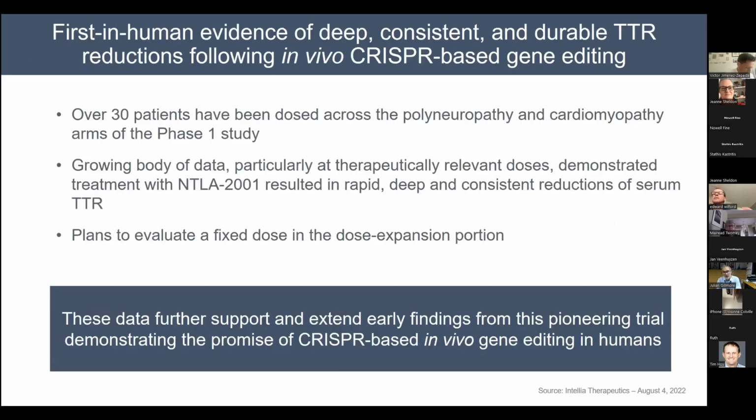So over 30 patients have now been dosed across the polyneuropathy and cardiomyopathy arms of the phase 1 study, and the growing body of data has demonstrated that at therapeutically relevant doses, treatment with NTLA-2001 results in rapid, deep, sustained, and consistent reductions of serum TTR. There's a plan to evaluate a fixed dose in the dose expansion cohort.